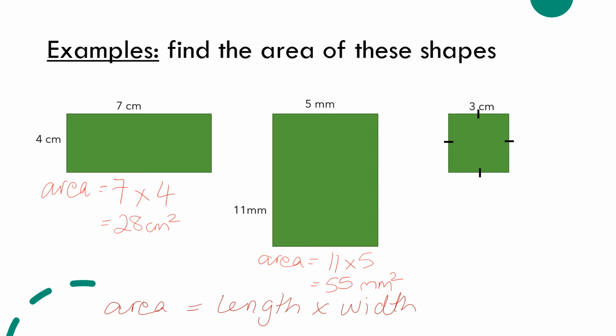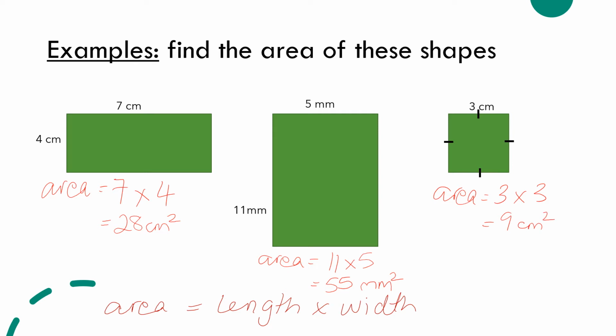So what that means is the length and the width are both 3. So for that one, the area is equal to 3 times 3, and that is 9 centimetres squared.